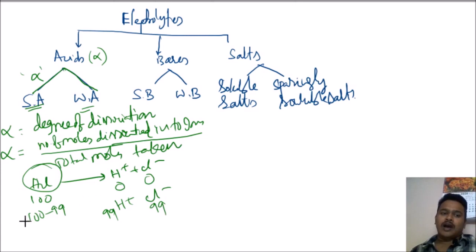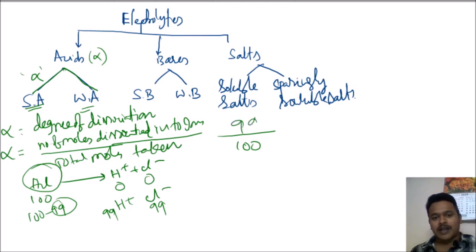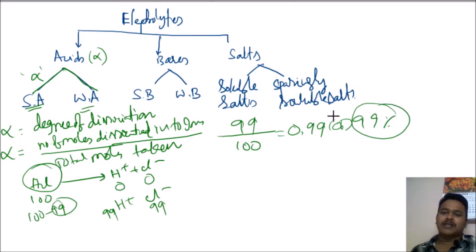Out of 100, 99 are converting. So I can write 0.99, or 99 percent. This 99 percent or 0.99 is called the degree of dissociation.